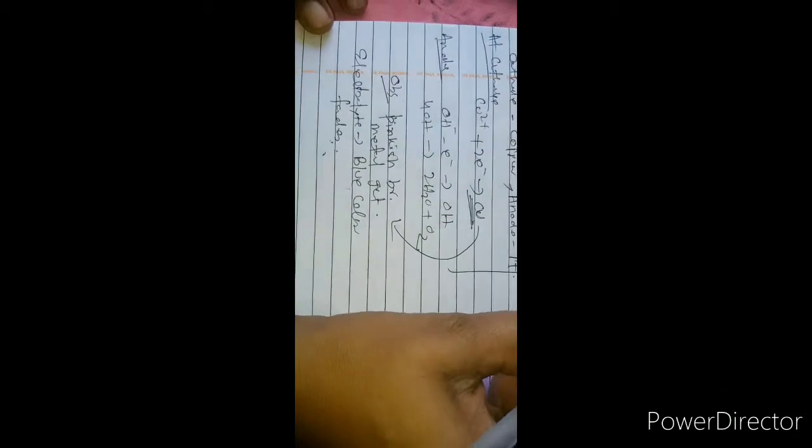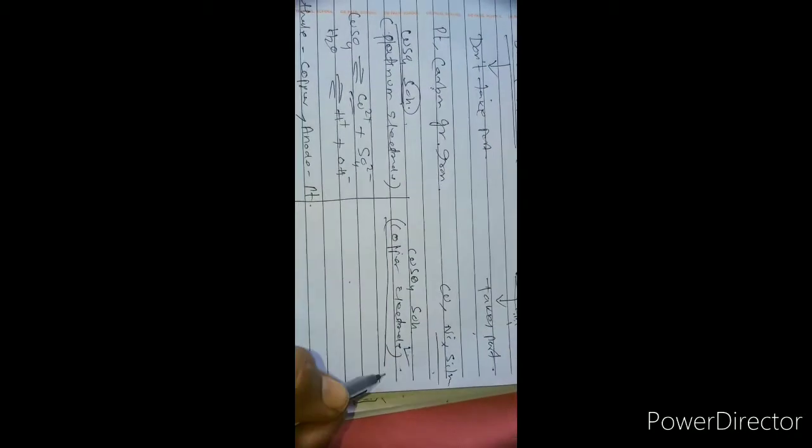But in the case of copper sulfate solution using the copper electrode, let us take that now. The same electrolytic reaction will be there. Cathode is taken as copper and anode is also taken as copper. Here we are taking this as the active electrode because copper is going to take part in the reaction.